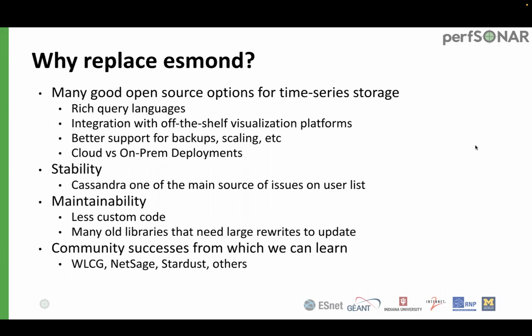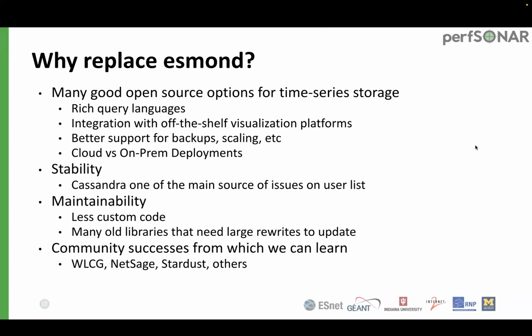So why are we replacing ESnet? Well, ESnet was developed quite a while ago. I don't know, maybe going on a decade at this point. And since then, there are a lot of really good off-the-shelf open source options for time series storage that weren't around back then. They provide really nice query languages. They integrate really well with visualization platforms like Grafana.